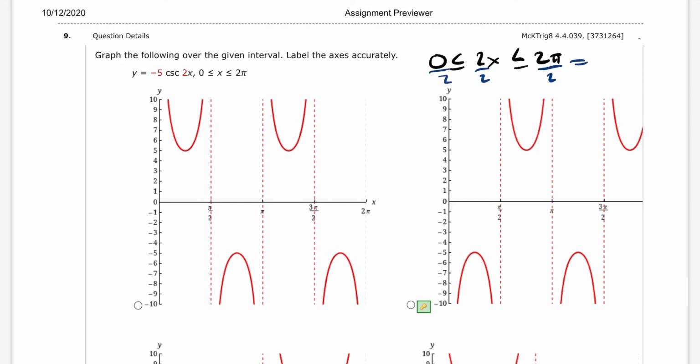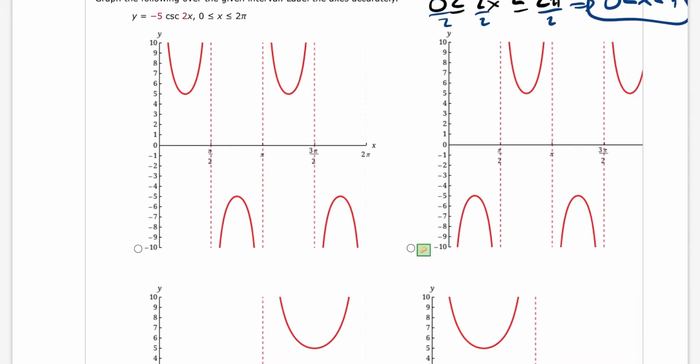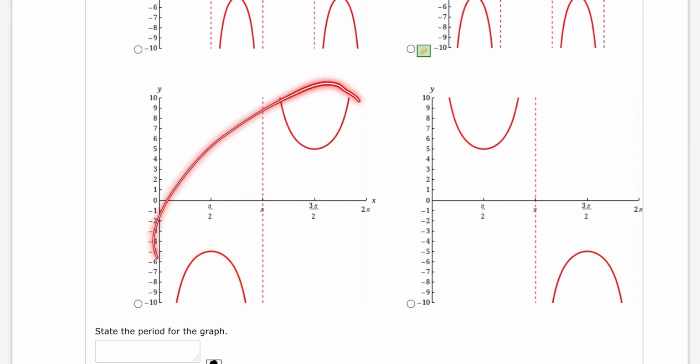So that's going to be where our graph starts, 0, and where our graph ends is pi. So 0 to pi would be, this is a possibility. This is a possibility. This would not be a possibility because this is only half the graph. This has a period of 2 pi, and this has a period of 2 pi. So it's got to be between the top two.